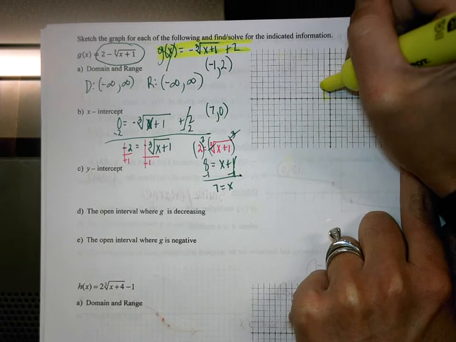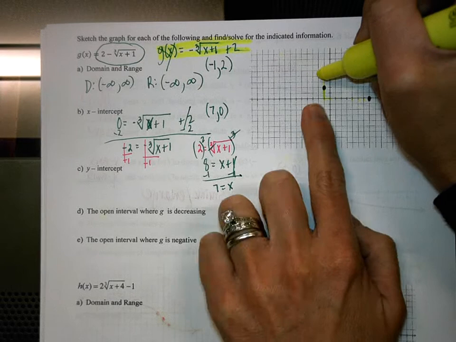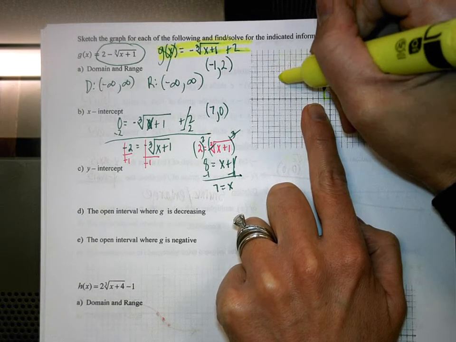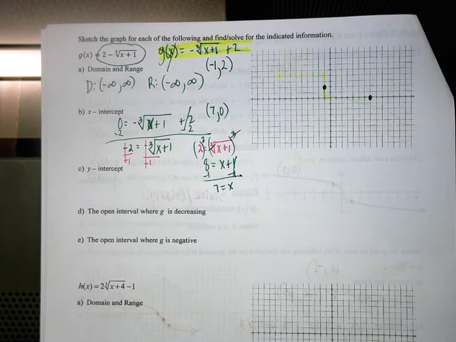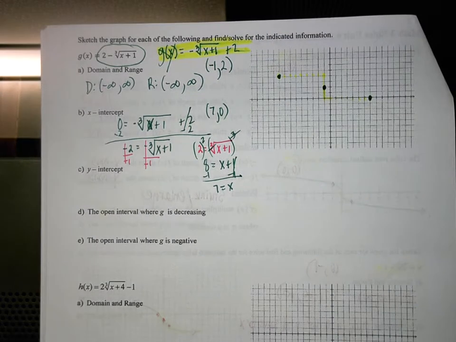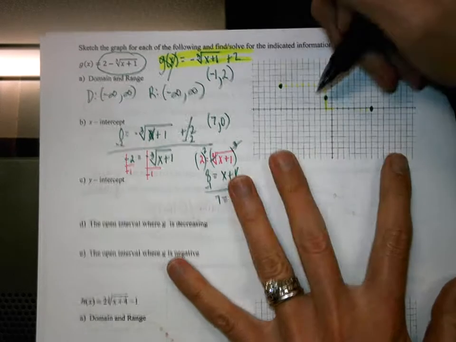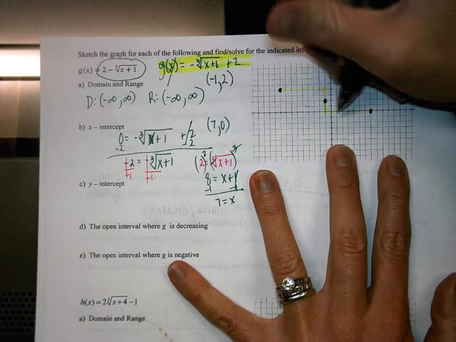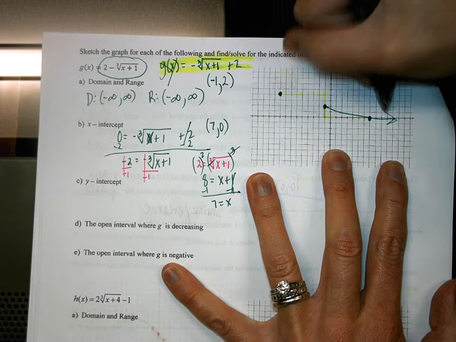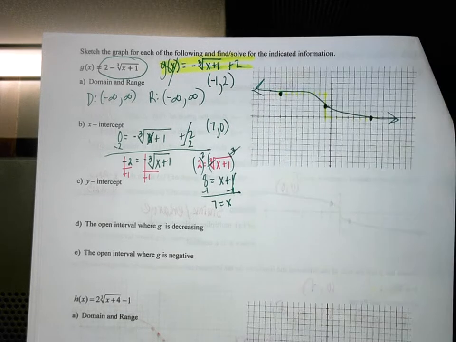So that means I would need to go up 2 and then left 8. 1, 2, 3, 4, 5, 6, 7, 8 to make that point. Okay, since this is going down here, from these points it would curve down and right like that, and this one curves up and left like that. And I'm sure you guys could draw those better.